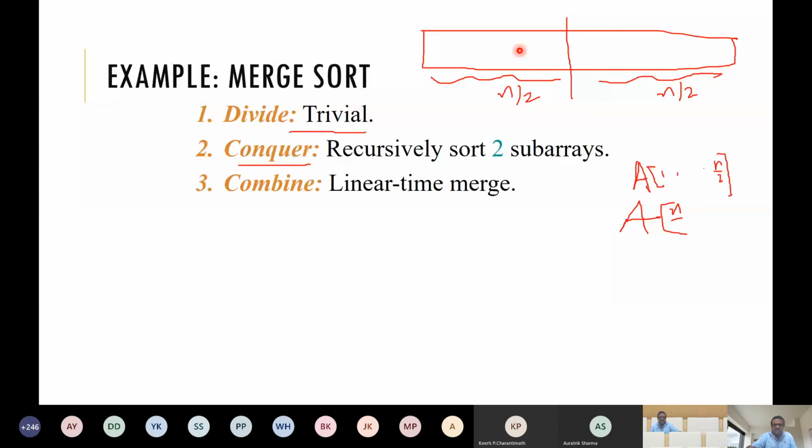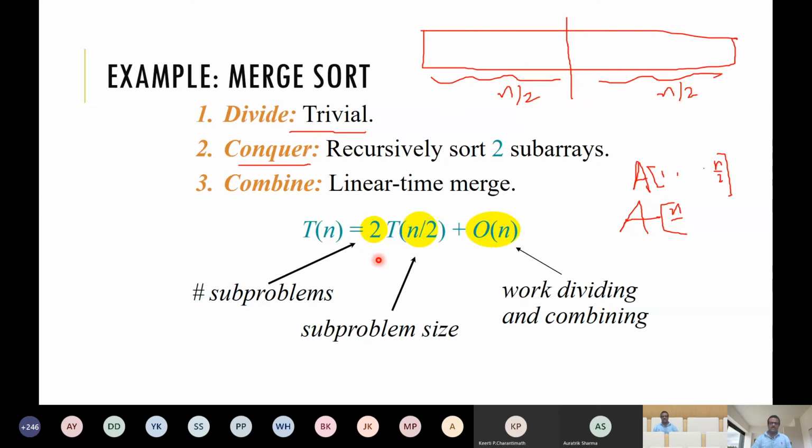Okay. So now what is the recurrence of merge sort? Merge sort recurrence is T(n) = 2T(n/2) + theta(n). So now what is this 2? Any question? The 2 is basically the number of subproblems.